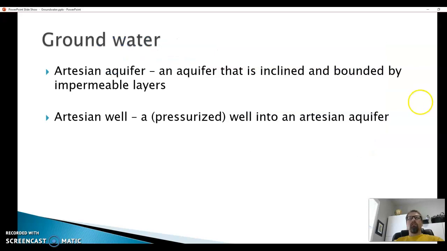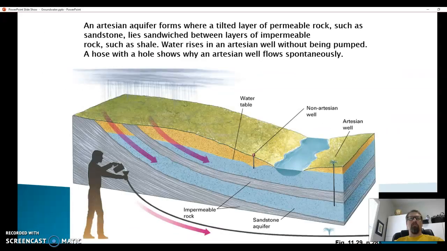All right, so as I said, there are different terms for these. The artesian aquifer to replace the confined aquifer. So it is bounded by impervious layers on both sides. Because of that, it's under pressure, and I like this picture because it shows that.